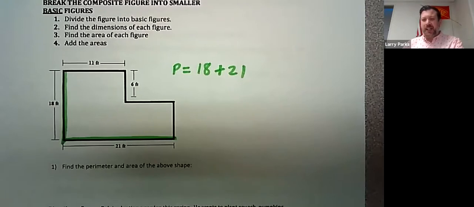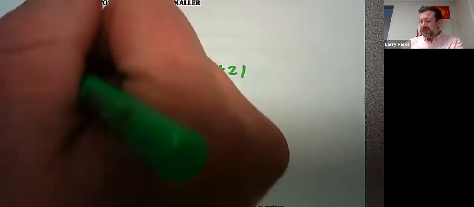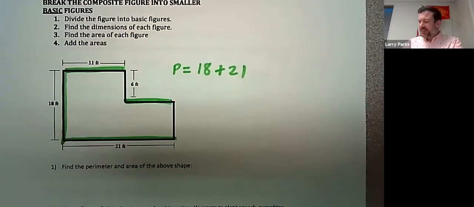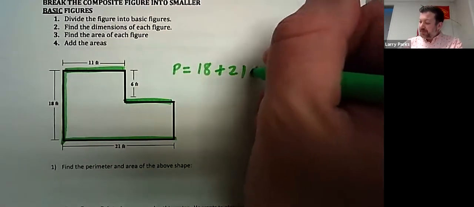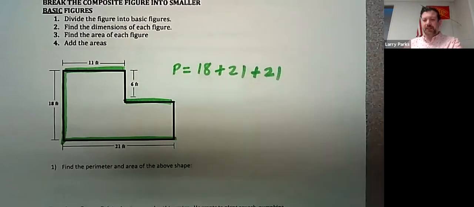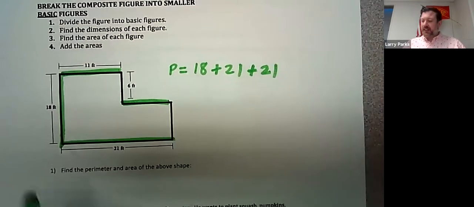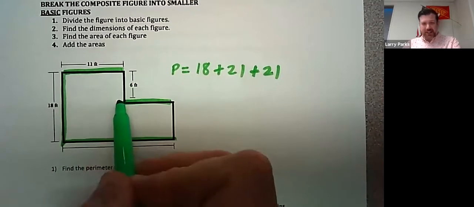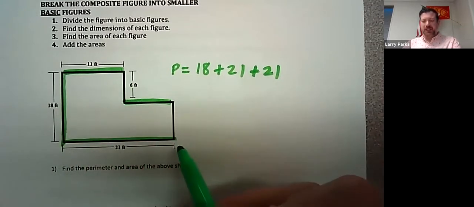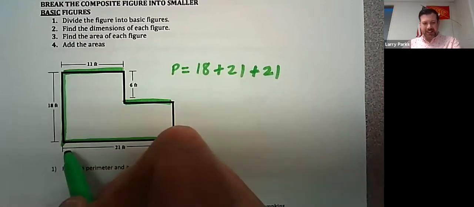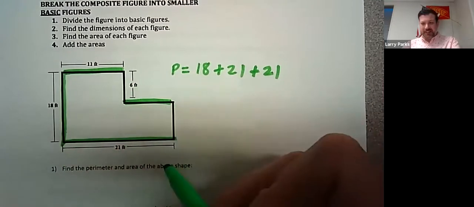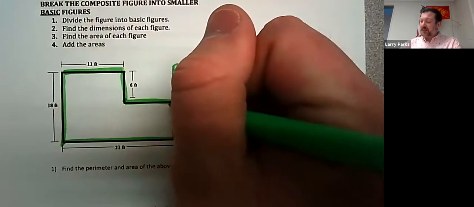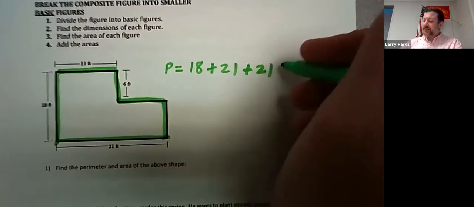Or you could just say, hey, if this is 21, then those two together are 21. And just like here, you could say, okay, if that's 18 and this is 6, then this must be 12. Or if this is 18, then the whole thing down is going to also be 18. So it's kind of a trick. So there's 6 plus 12, which is 18.